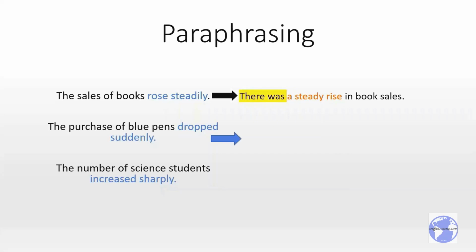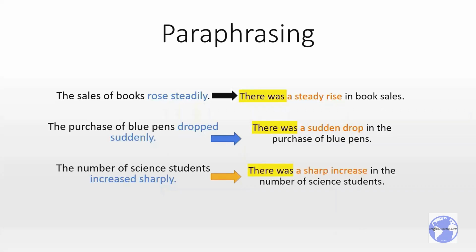The purchase of blue pens dropped suddenly becomes there was a sudden drop in the purchase of blue pens, and the number of science students increased sharply becomes there was a sharp increase in the number of science students. So again, we're changing the verb adverb form to the adjective noun form with the use of there was. And so it's a nice paraphrase and a good way to change things around so that you're getting better marks for your writing.